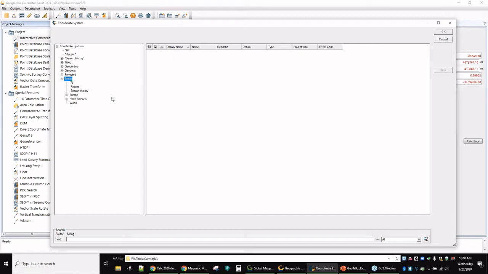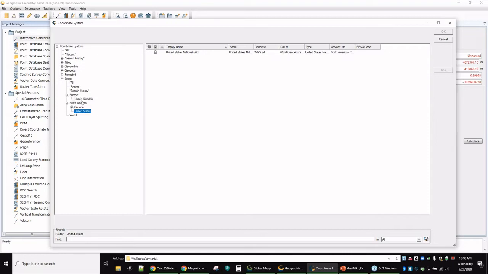Now string coordinates are a very specialized set of coordinate systems that take either a lat-long or a projected coordinate system, and it formats the values. So one of the common ones that we use here in the US is called US National Grid. There's another one called Military Grid Reference System.